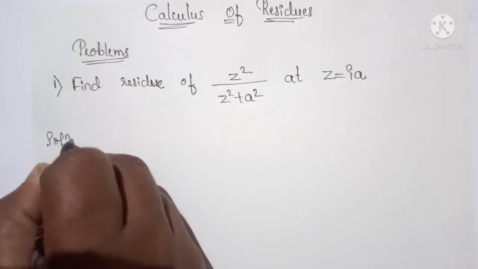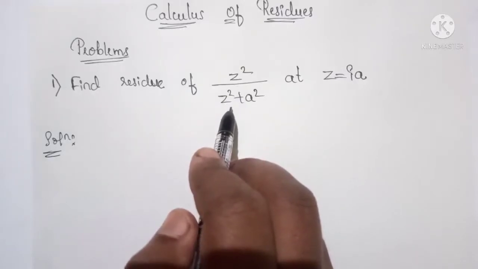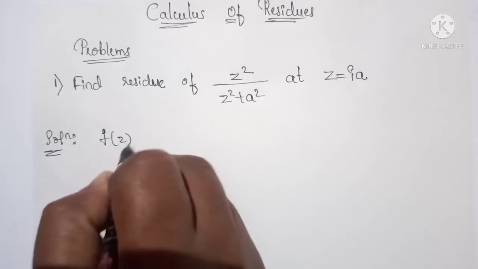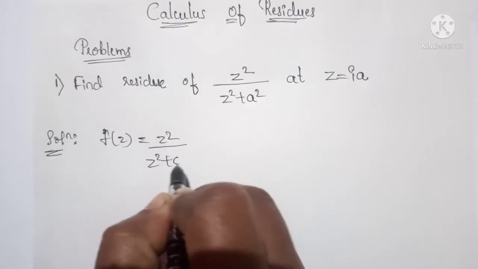Solution. So z square divided by z square plus a square can be written as f of z equals z square divided by z square plus a square.